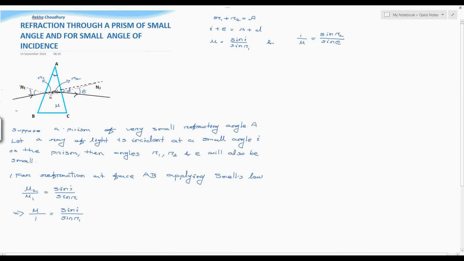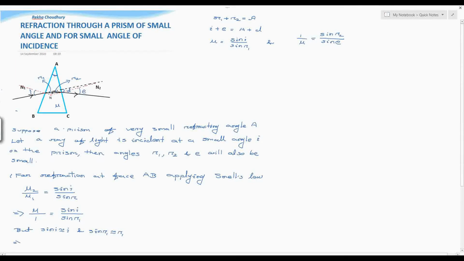But we know that for small angles, sin I is nearly equal to I, and sin R1 is nearly equal to R1. Why? Because I and R1 are small angles.